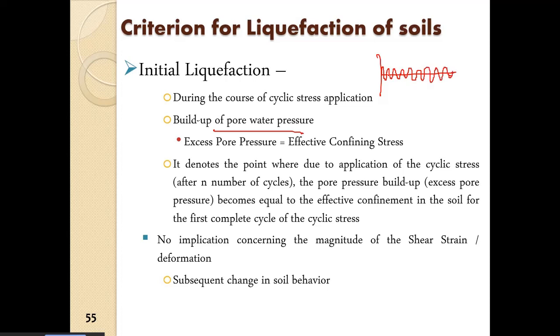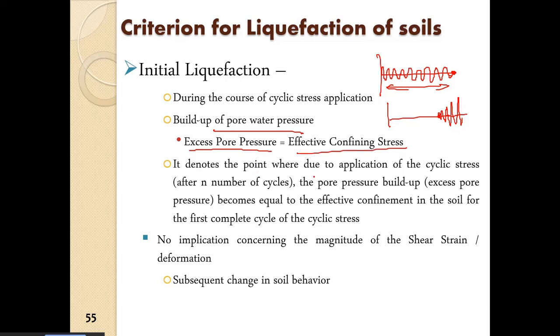After a certain number of cycles, there will be a buildup of pore water pressure, and there will be an increase in the strains in the sample. That is the point where the excess pore water pressure is equal to the effective confinement stress. So that is the start point.